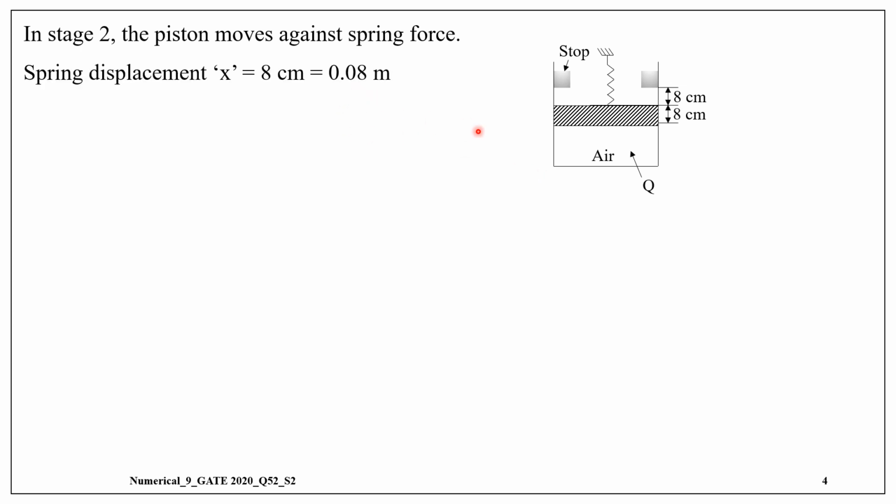Spring displacement is equal to 8 centimeter, that is converted into meters. And if you look at this, the piston has moved, gets stopped at this location.